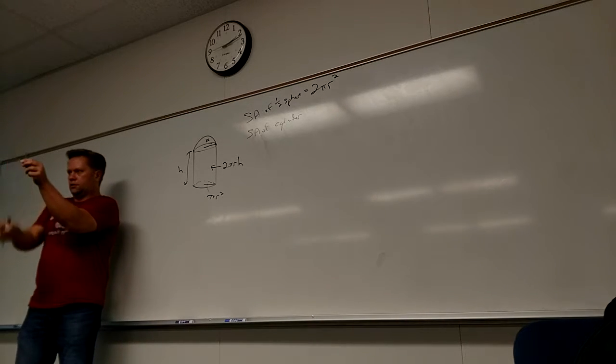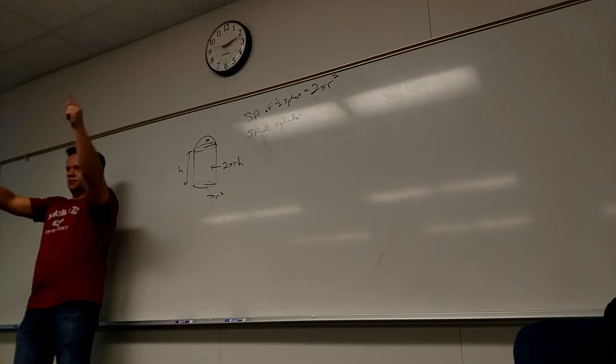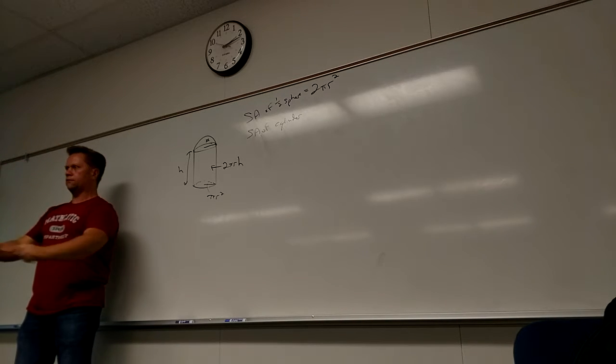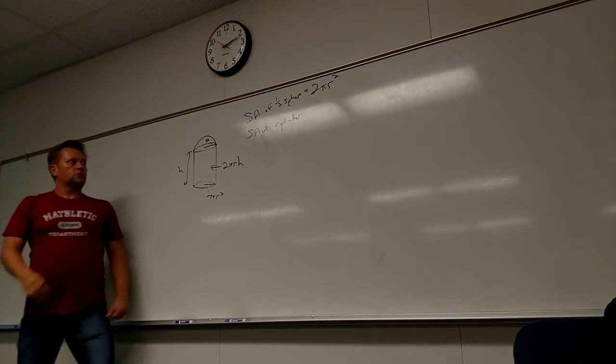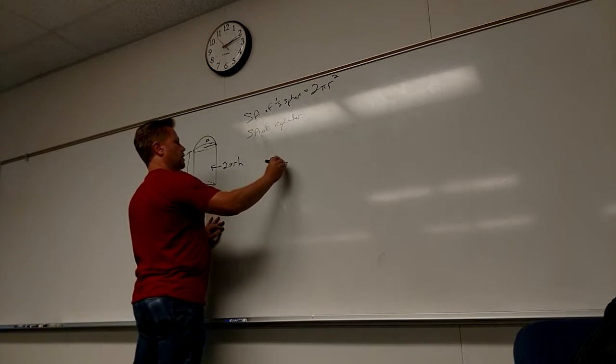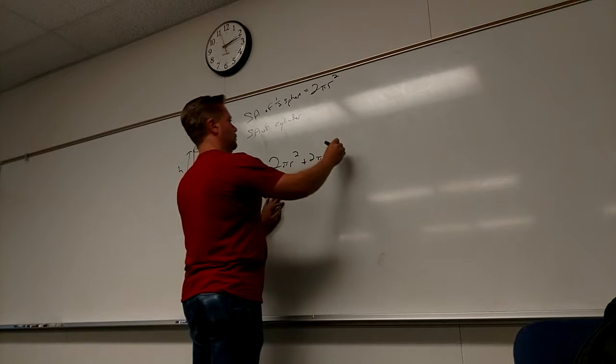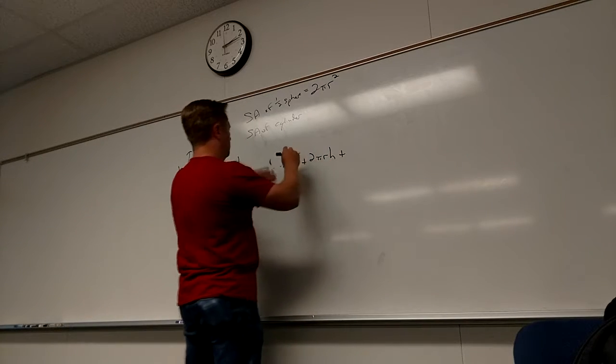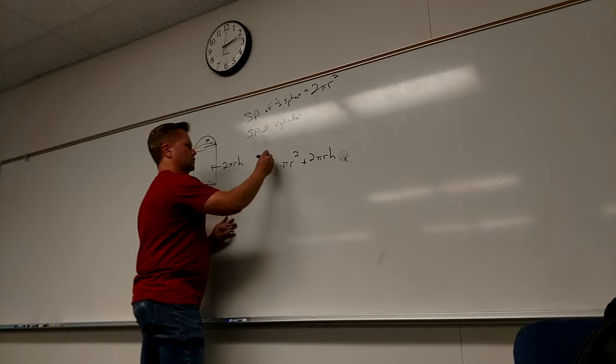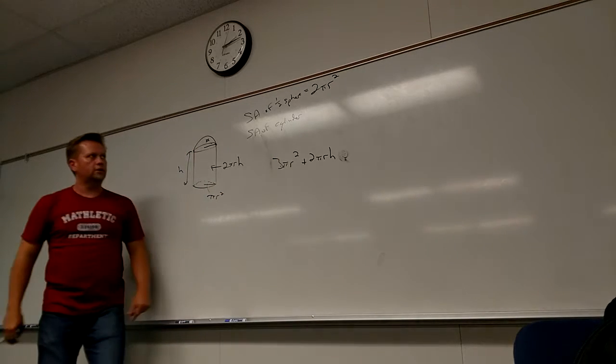You cut it open, it's 2 pi r times height for the rectangle. Okay, so the total surface area is 2 pi r squared plus 2 pi r h plus pi r squared. So 3 pi r squared plus 2 pi r h.